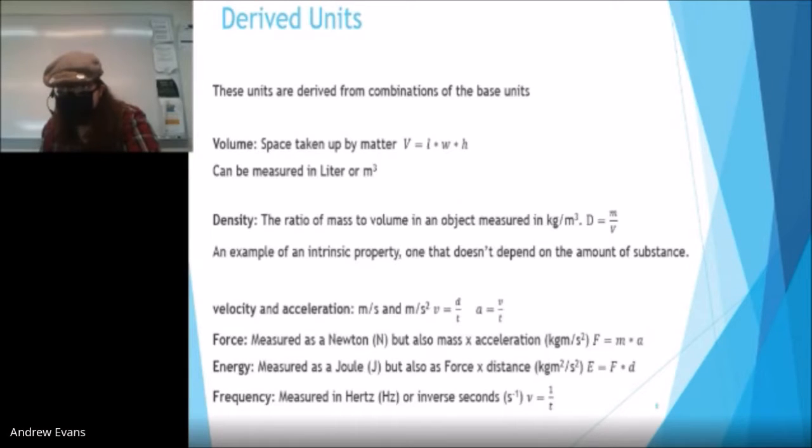Now, these next couple are a little bit more physics style terms. We're not going to see them quite as often, but we will see them occasionally. Velocity, which is a distance traveled over a time, which would then, using the SI units of distance and time, be meters per second. And of course, acceleration, which is the velocity change in a given time, which would then be meters per second divided by seconds, which would be meters per second squared.